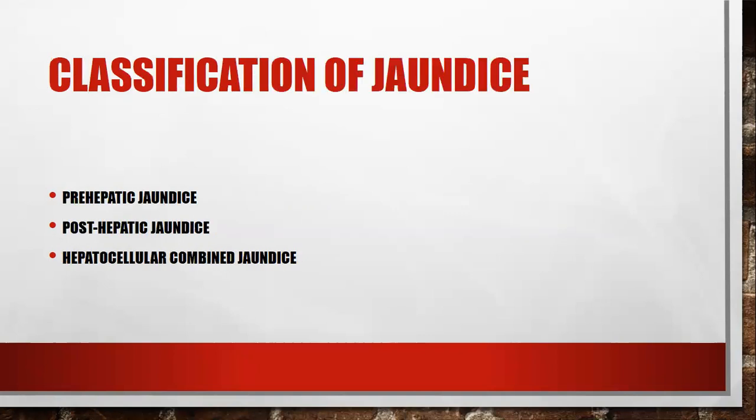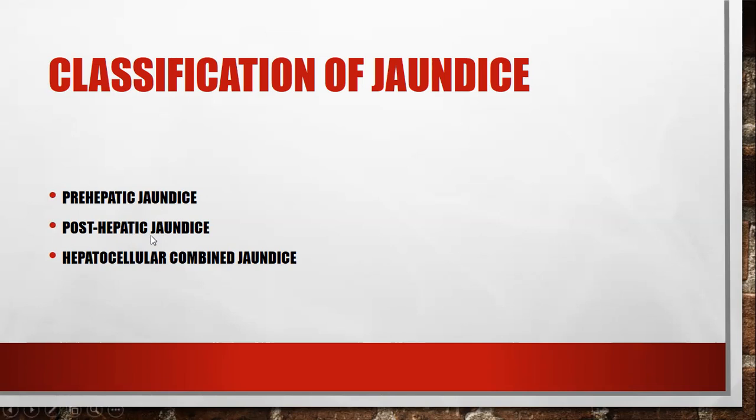The classification of jaundice may be prehepatic, hepatic, or post-hepatic. Prehepatic jaundice involves increased accumulation in the extravascular and intravascular circulation, which happens only when there is increased destruction of red blood cells, as seen in hemolytic anemias.